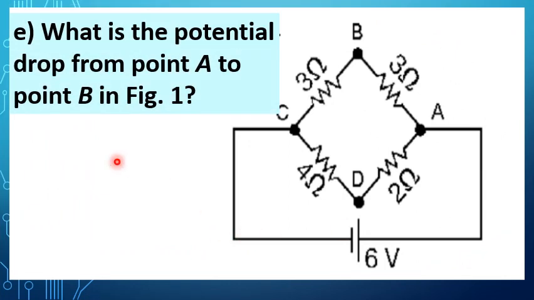And the last question for number 1, what is the potential drop from point A to point B in this circuit diagram?